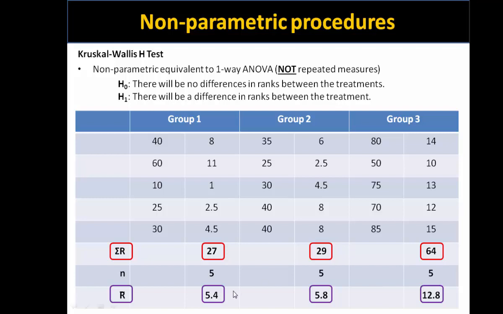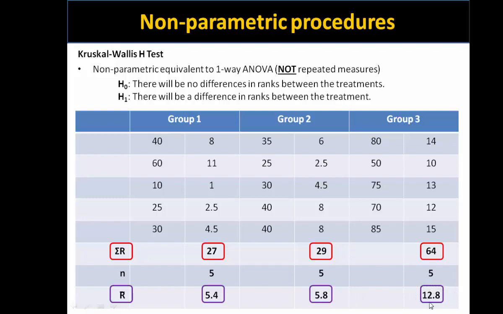Just making a visual observation, here we see the average rank for groups 1 and 2 look quite similar to each other, and both appear to be considerably lower than the ranks for group 3.